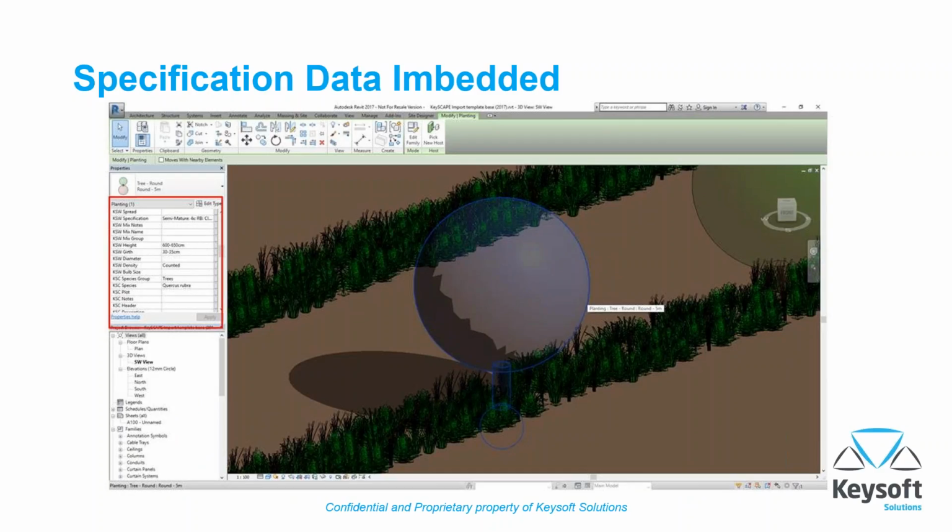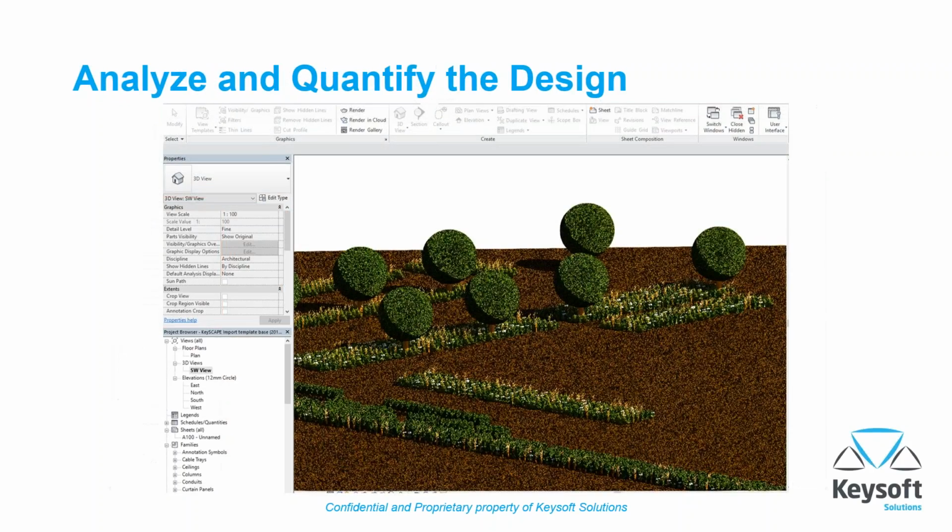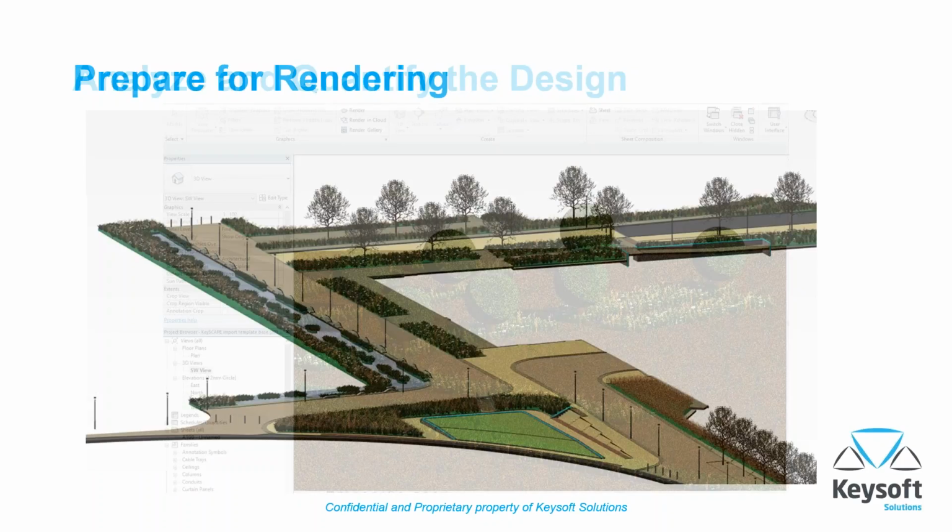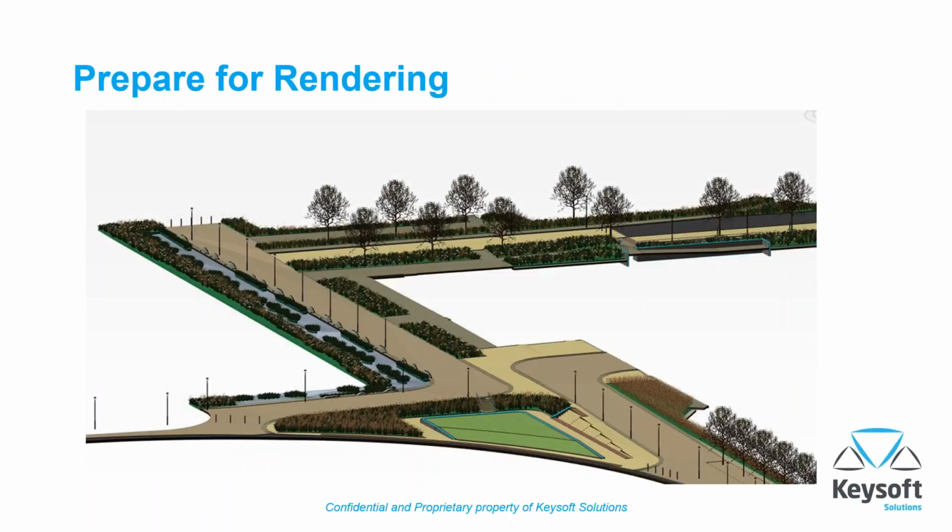And then they're able to add or manipulate any of the specification data within Revit. Analysis and quantification can be done within the Revit environment if need be. In this case, the impetus was to mostly create a rendering that included the Revit model. So you can see this is a bit of an urban project.